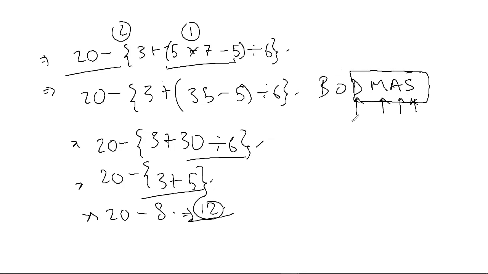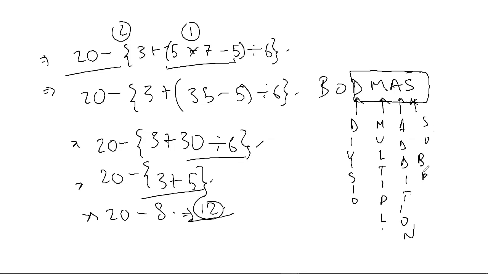So I'll just write it for you again. O means of and B means brackets.